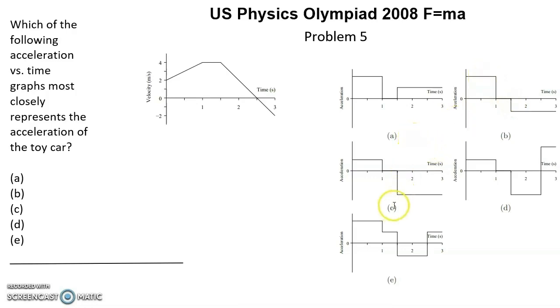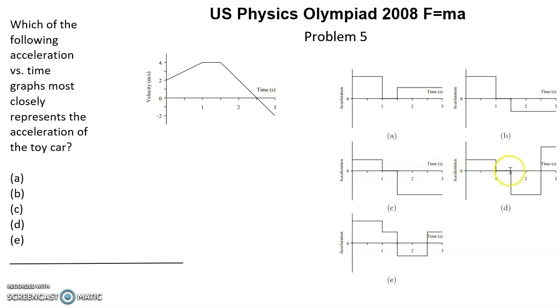Let's check C. We have first thing positive, after that we have 0, and after that we have negative, and this negative is twice greater than this positive. So that's a good solution. Probably C is a good solution. Let's check 2 others. D, we have good from 0 to 1, that's positive.